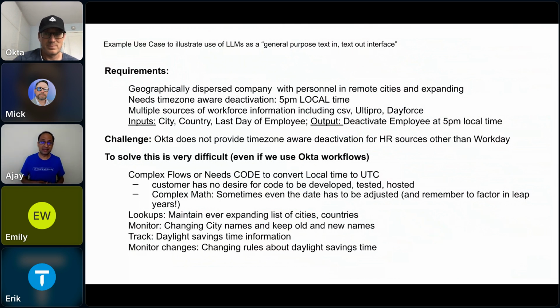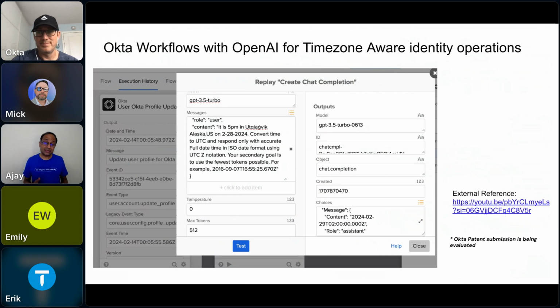City names change, cities decide to follow daylight savings time or not. And when you want to perform time zone aware identity operations, an LLM gives you an API that you can just invoke and ask the question and get the response back. So this is what I covered in an earlier Crowdcast session, and you can check out the Crowdcast or YouTube recording.